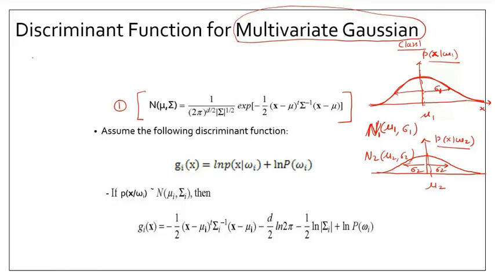Okay, when your input x is one dimension, you have a simplified version of this formula, right? You have a very simple formula, that is 1 by root of twice pi.